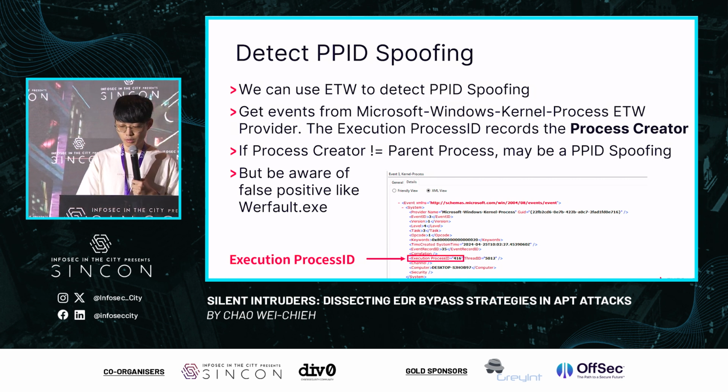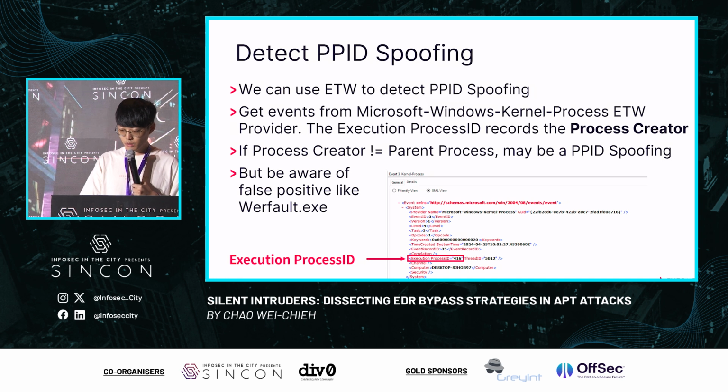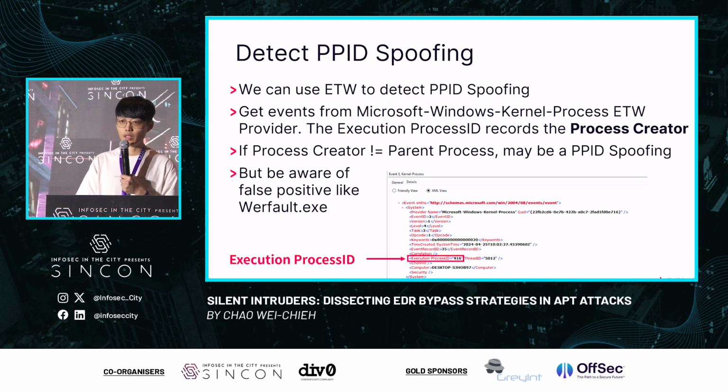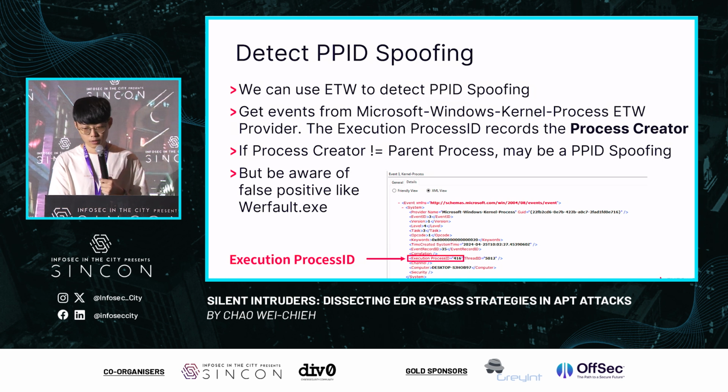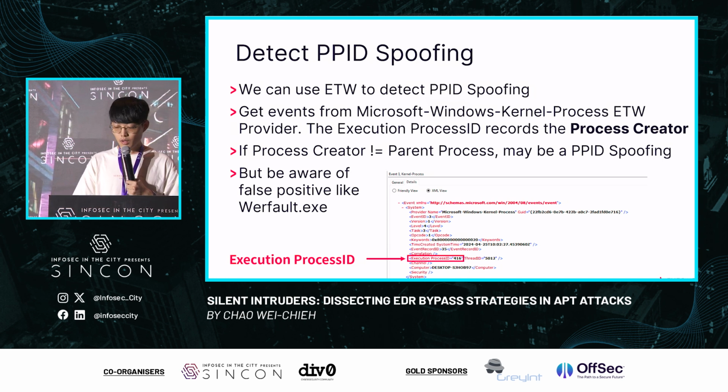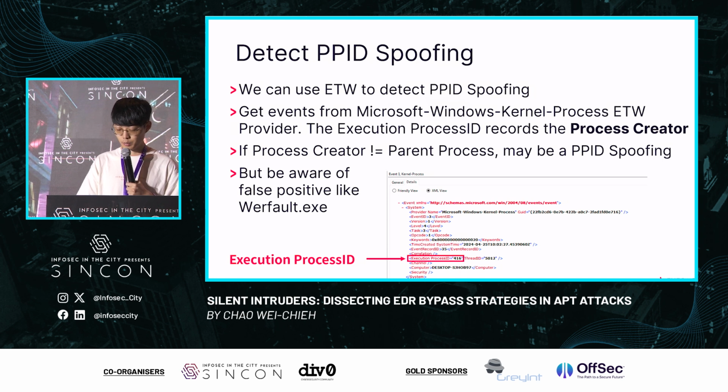So these two are different. If we see a program has a conflict between the process creator and the parent process, there might be a PPID spoofing technique here. But be aware of false positives, like the WerFault we mentioned before, because this is a legitimate usage of PPID spoofing.